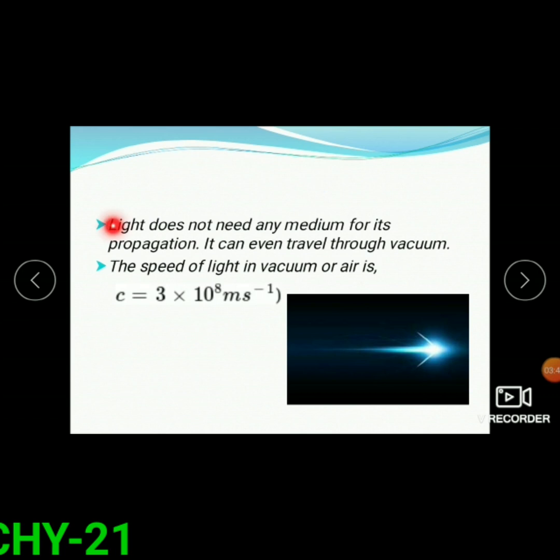So next property, light does not need any medium for its propagation. Propagation means travel. So here a medium. What is a medium? A medium is a material through which a wave travels. So here the medium may be air, water, glass or any particles.